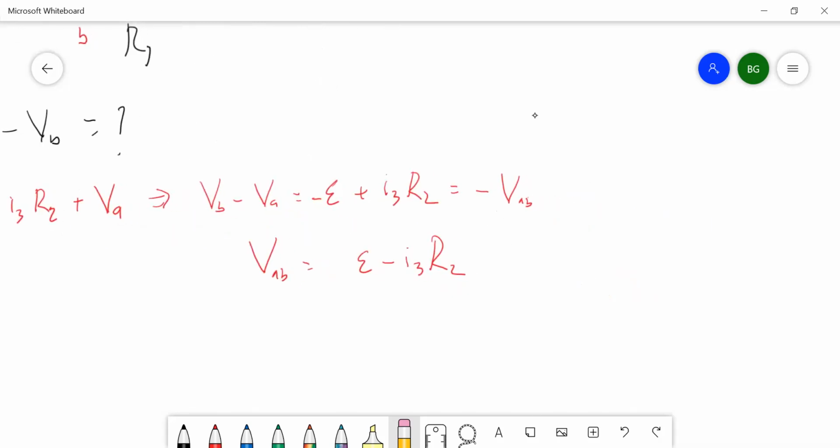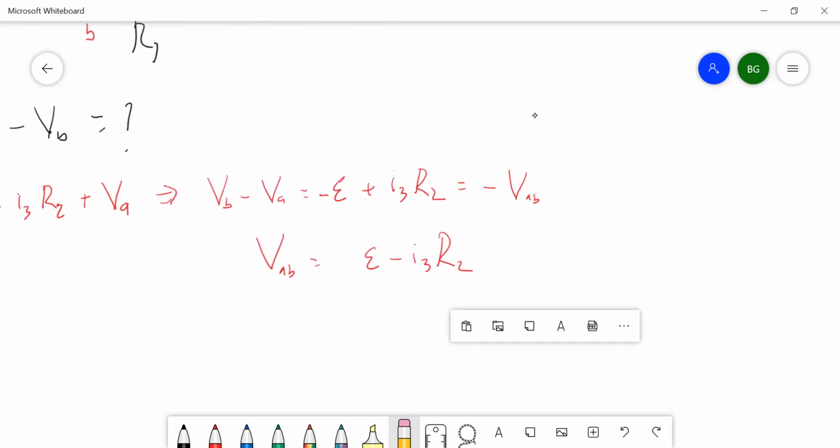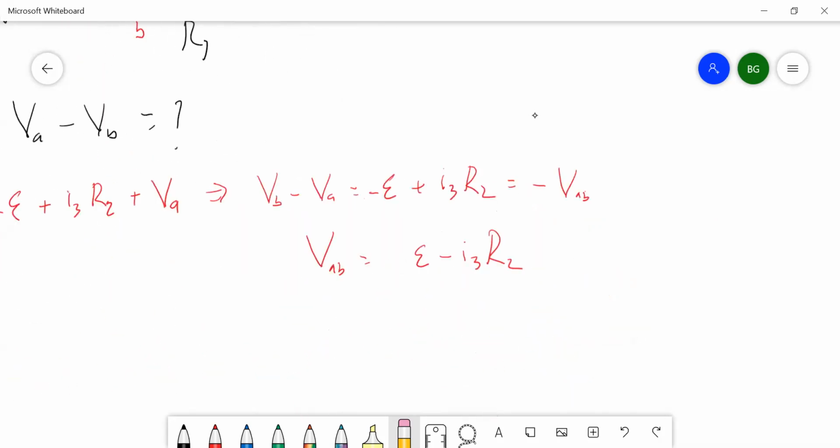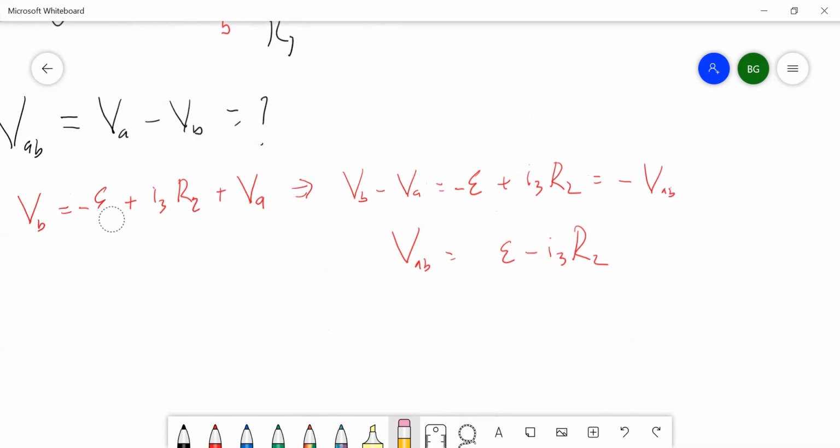We compute this epsilon. Sorry, this is epsilon 2 again.